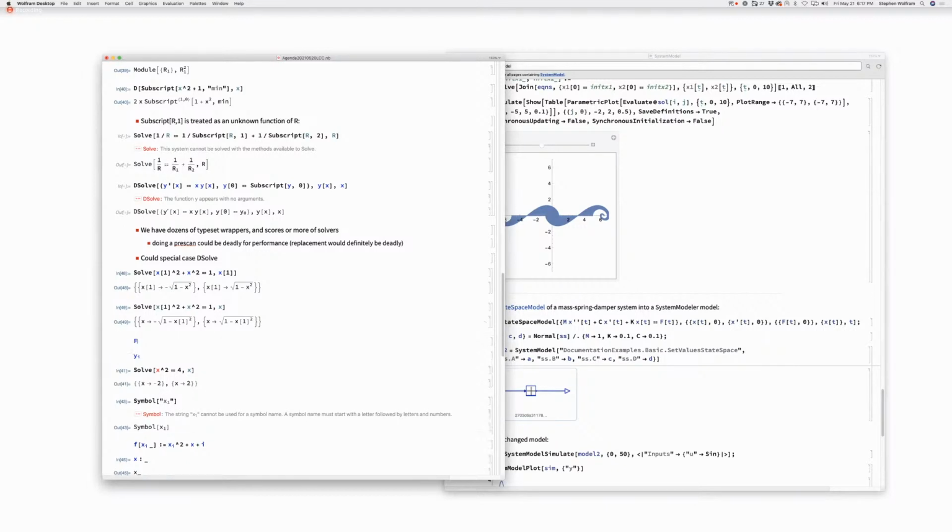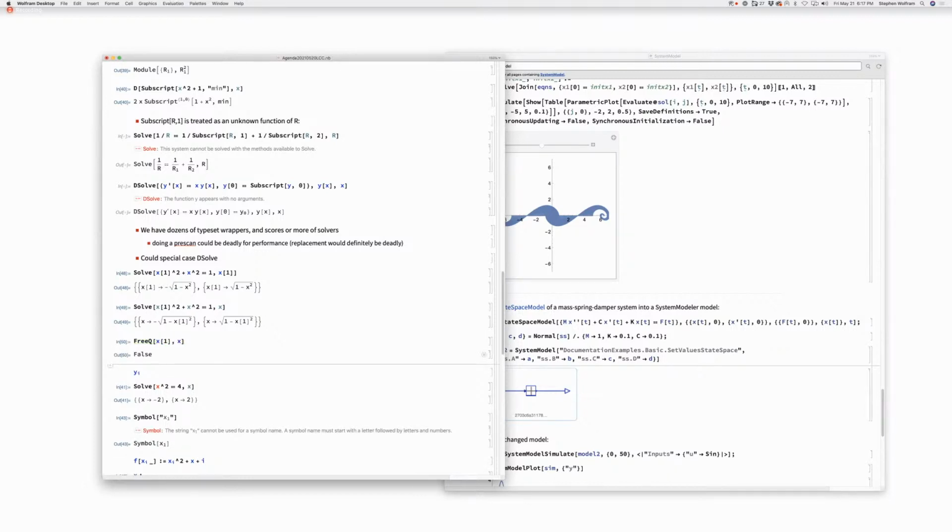If you say free Q nonsense of x, in the generic case x1 of x, does it say false? Heads goes to true for free Q. Yeah, member Q defaults to heads goes to false.